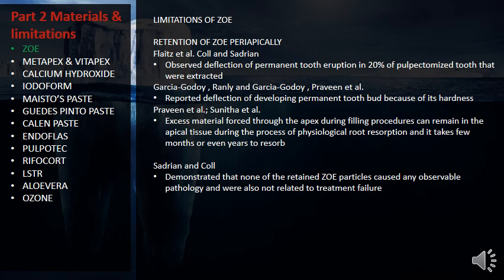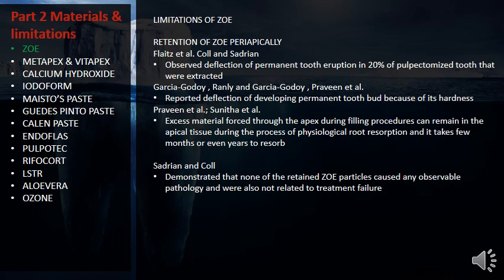According to Coll and Sadrian, deflection of permanent tooth eruption was observed in 20% of pulpectomized teeth that were extracted. According to Garcia Godoy, Ranly and Garcia Godoy, Praveen et al. reported deflection of the developing permanent tooth bud because of its hardness. Praveen et al., Sunitha et al.